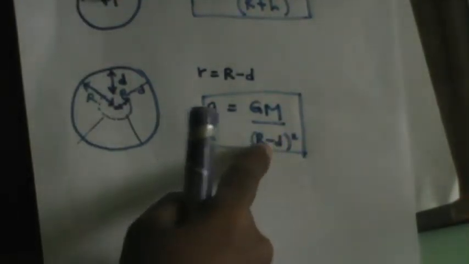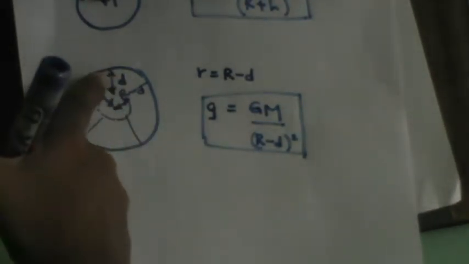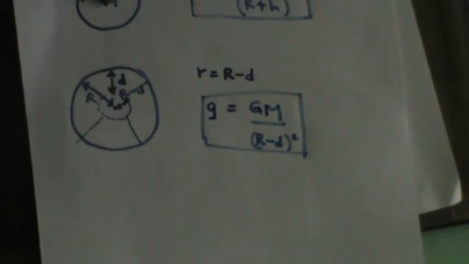So if you keep the value of d maximum, you will get the value of g maximum here. When d is maximum, the surface of this object will coincide not only with the center of mass of the large object, but also with the center of mass of the small object, so that the mass is very much concentrated to the center of mass of the large object.